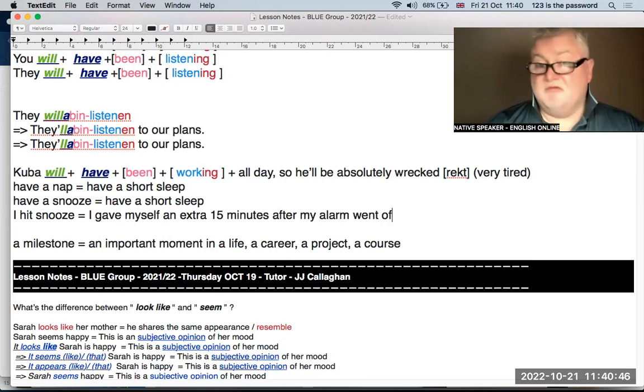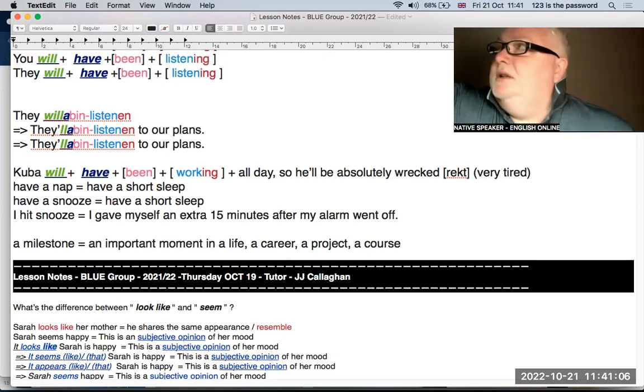Went off, ring, rang, rung, went off. Beep, beep, beep, the alarm went off. So when you say I hit snooze, like yesterday morning, I was really tired, so I hit snooze 3 times. Okay, I hit snooze. Okie doke.